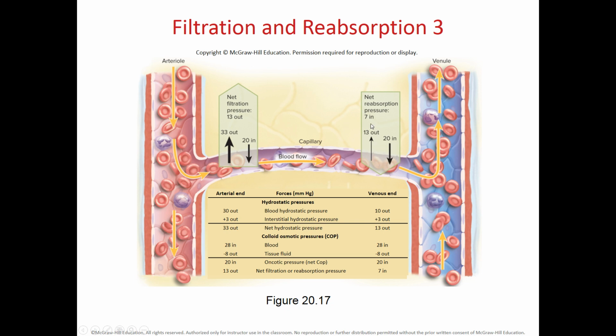So you have a 7 difference or net filtration or reabsorption pressure. So in this case it's going to be a 7 reabsorption pressure difference. So more fluid will move in or be reabsorbed than what goes out. And at some point there is a middle point between the arterial and the venous end where the pressure of absorption and filtration is going to be neutral, so equal. So you won't have absorption, neither filtration.